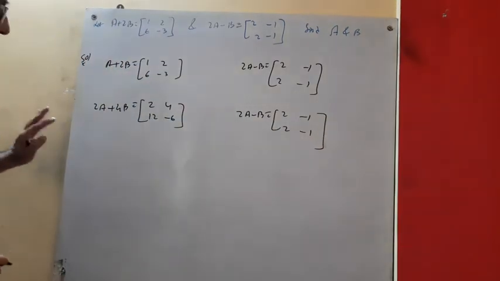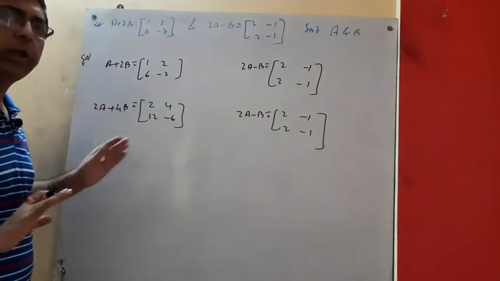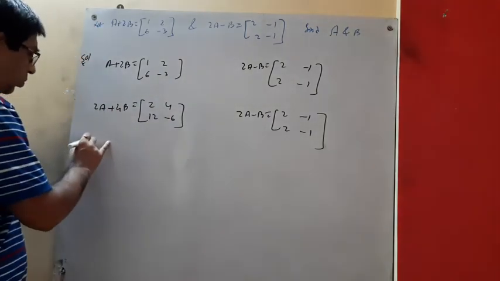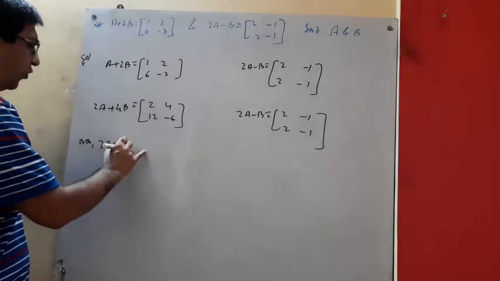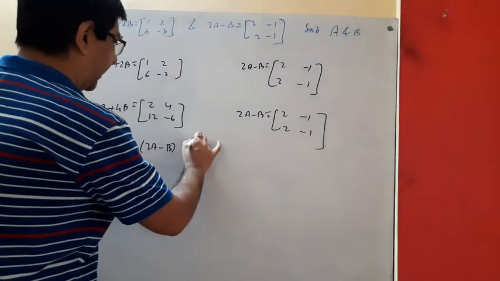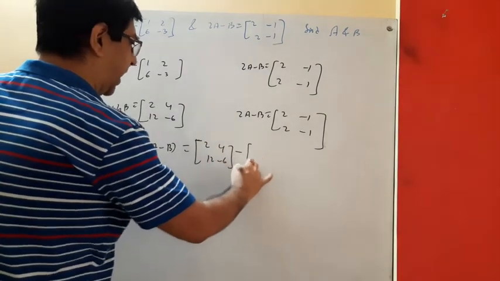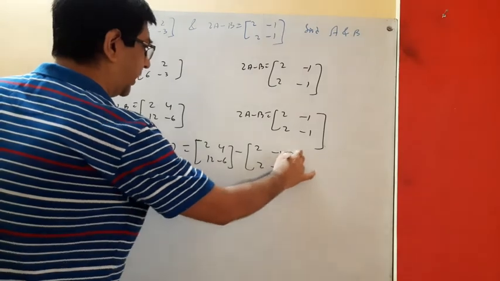Okay. Now we go for subtraction. This one minus this one, A cancels, so we'll get the value of B. Now, what we are doing? 2A plus 4B minus 2A minus B. So we are getting 2, 4, 12, minus 6 minus 2, minus 1, 2, minus 1.